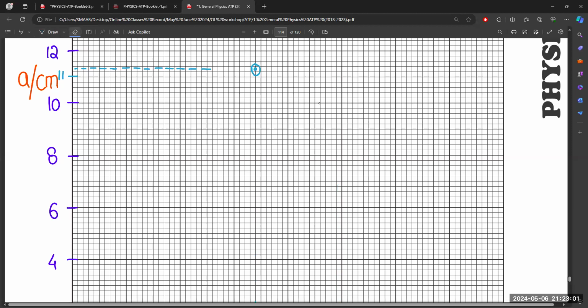If your labeling or scaling is right, definitely you will not get any confusion in marking all the points.